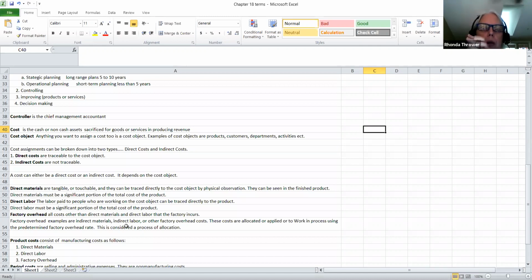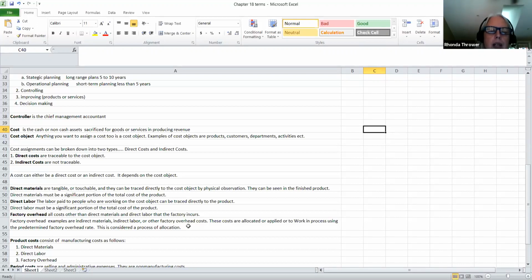Perhaps we have some maintenance employees. They're going to be maintaining our building. Their labor is considered to be indirect labor and will become a part of your factory overhead.